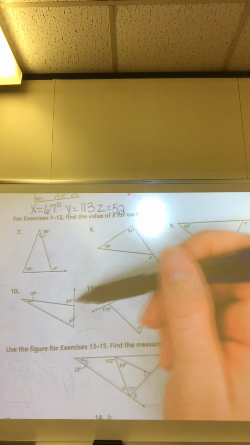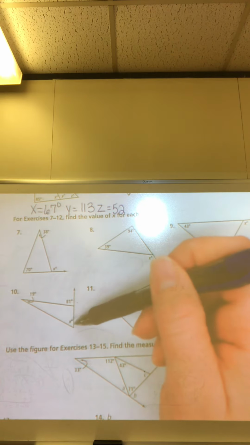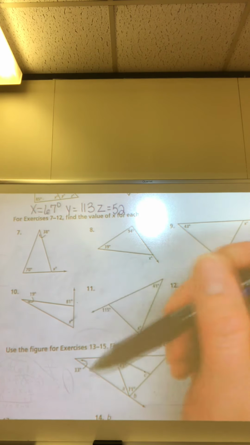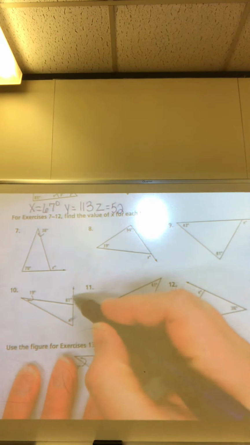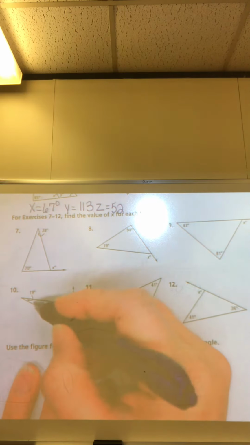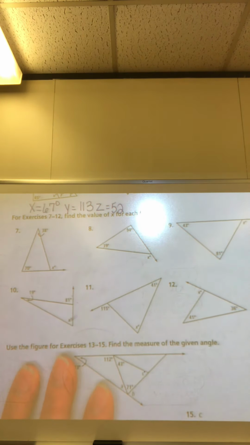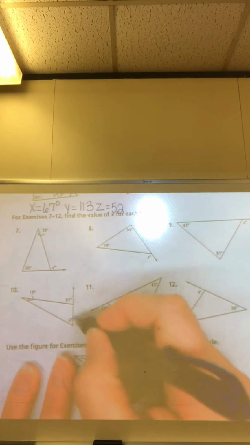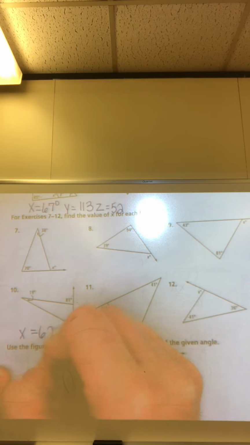And 10, they give us the exterior angle, and they want us to find x, which is one of the remote interior angles. So what you're going to do here is take your exterior angle, 81, and subtract one of the interior angles that you're given, 19, and that's going to tell you what's left for x. So in this case, 81 minus 19 is 62.